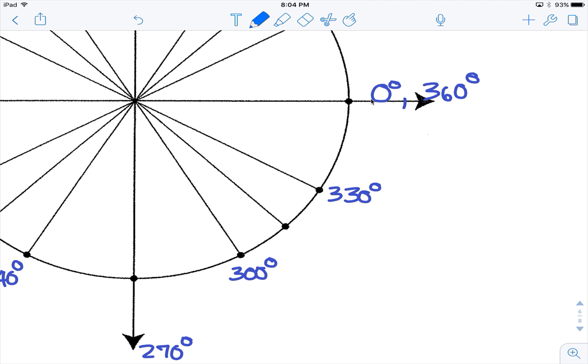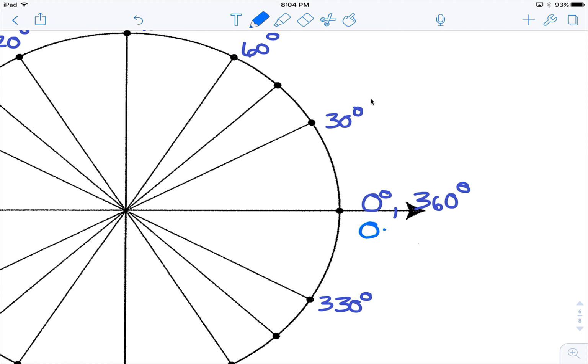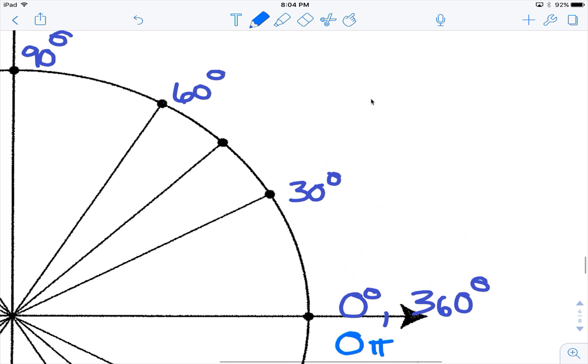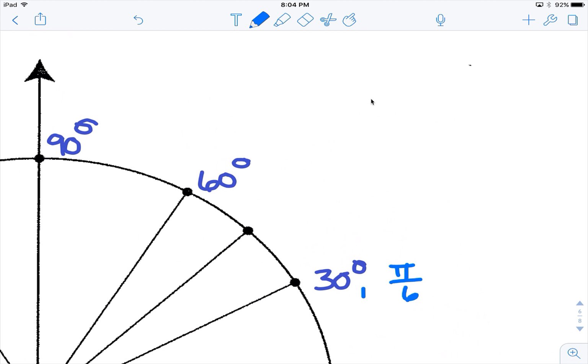Okay, now we can count around using radians. This would be the same as 0 pi. Pi over 6. 2 pi over 6, which reduces to pi over 3. 3 pi over 6, which reduces to pi over 2.